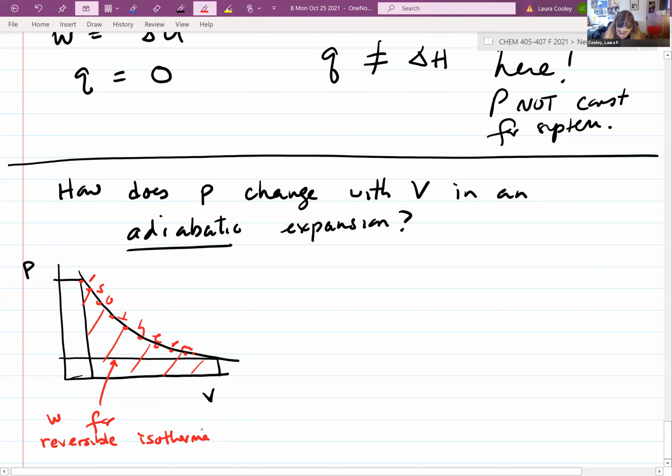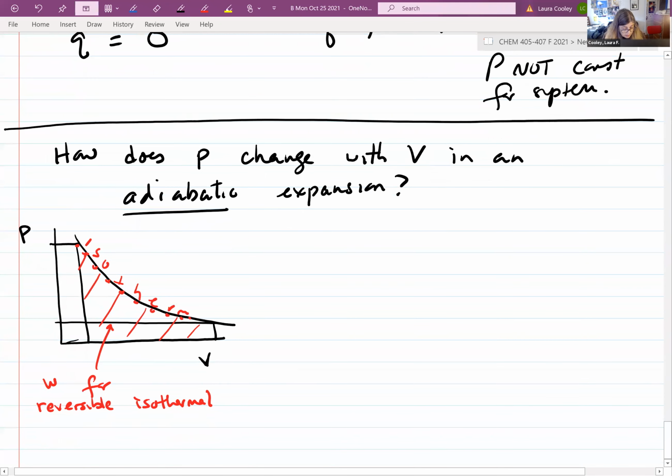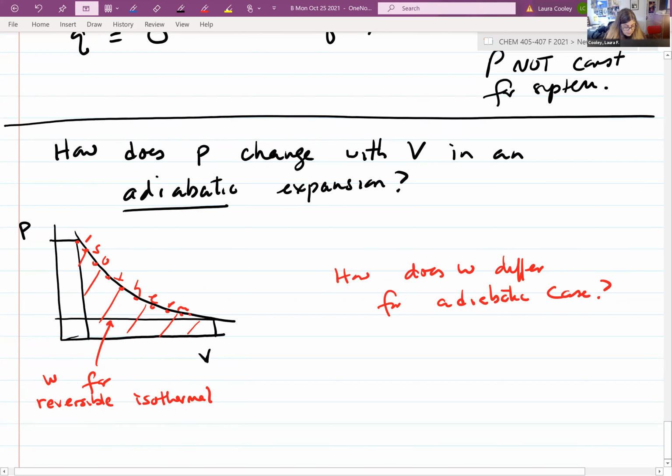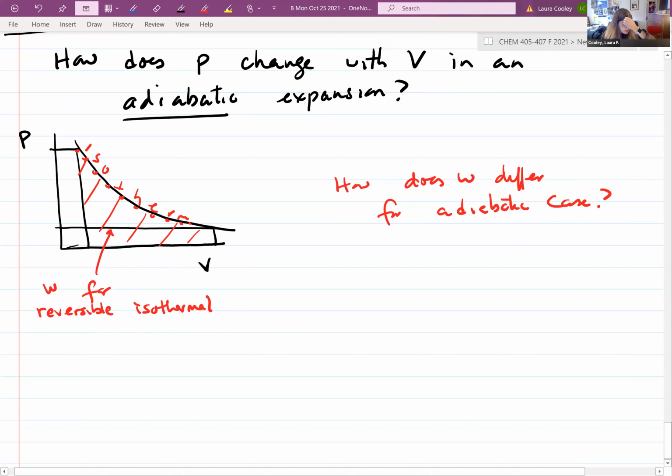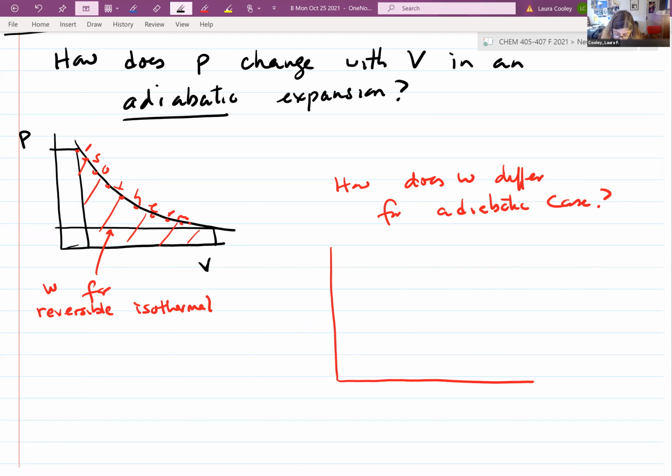Okay, we talked about this another time. So how does it differ for the adiabatic case? Actually there's a pretty big difference, because during an adiabatic expansion, the temperature is dropping.